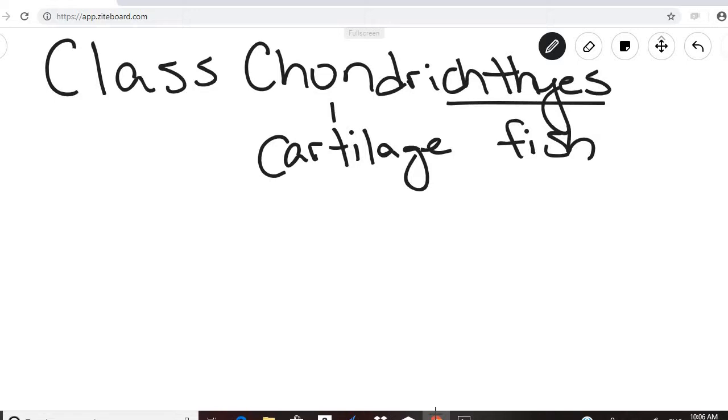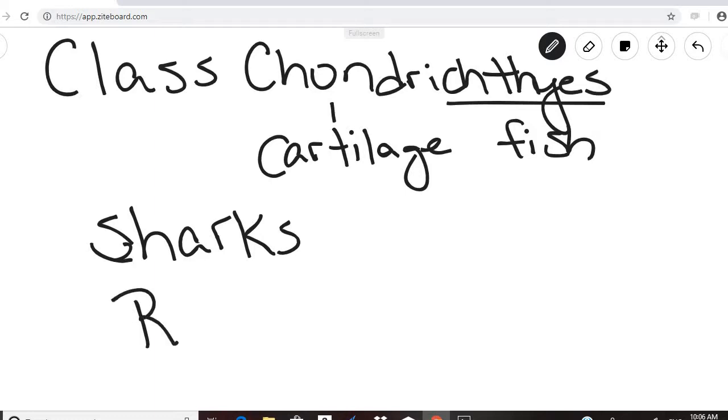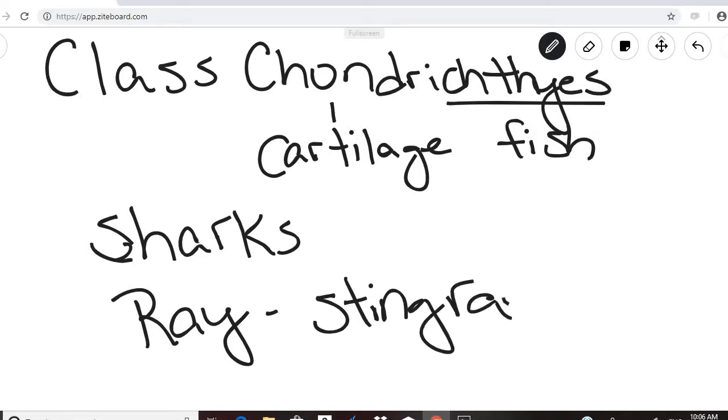So the members of this class that you would be most familiar with would be sharks and rays. So stingrays are an example of an organism that is part of class Chondrichthyes.